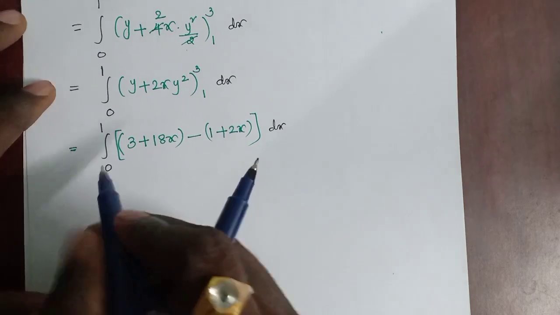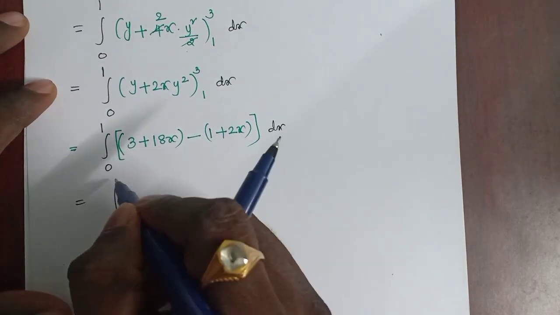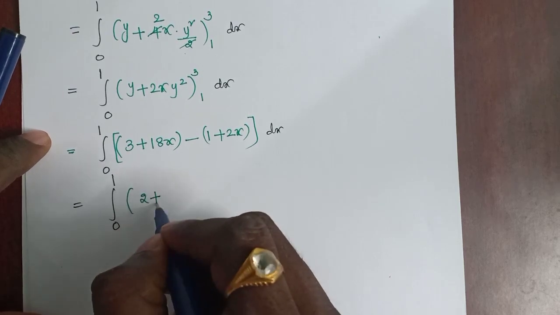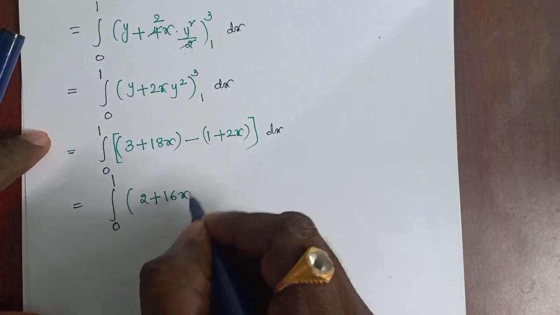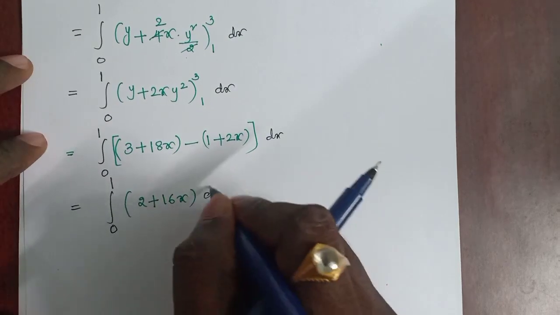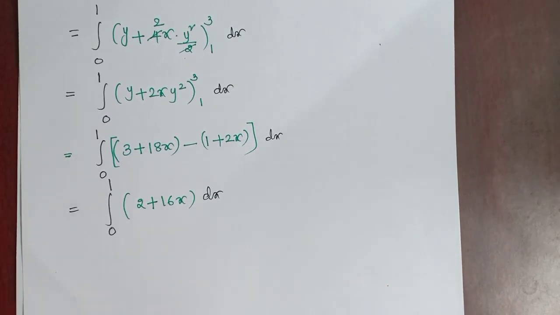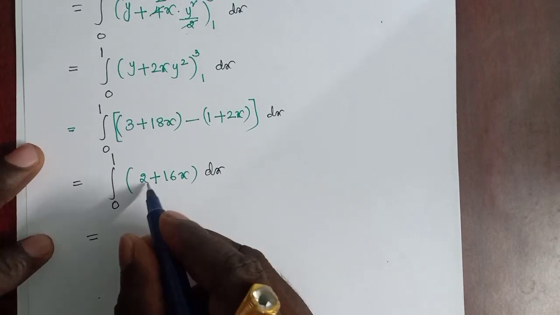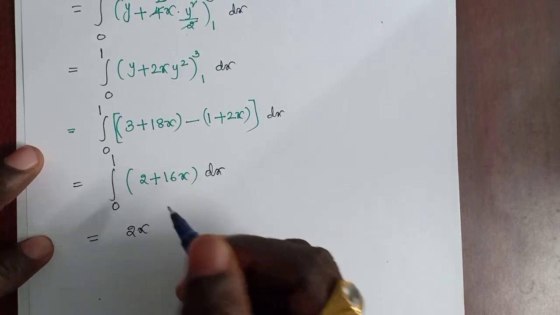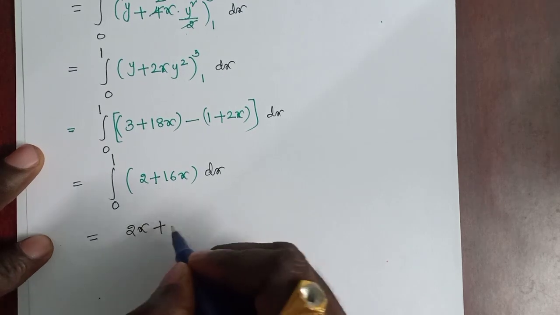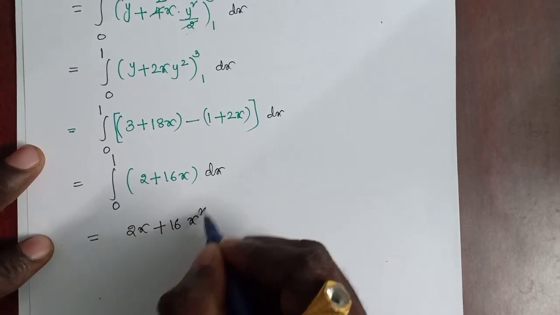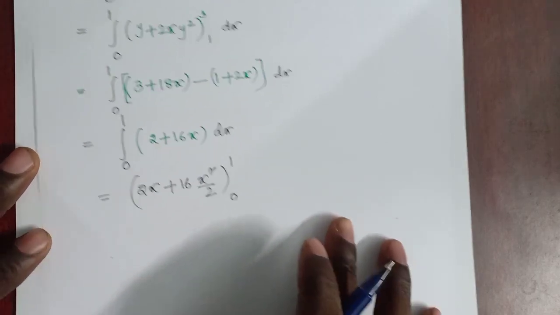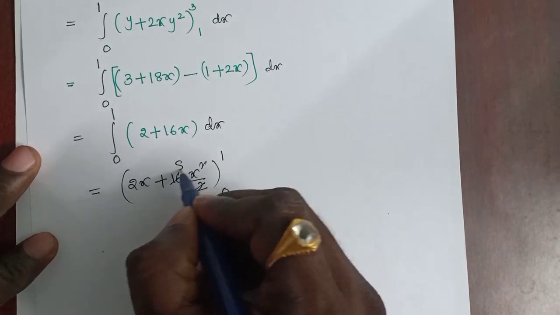Now see, integration of 0 to 1. Finally what we have is 2 plus 16x, dx. So now we need to integrate with respect to x. For 2 we have 2x, plus 16 into x square by 2, and the boundaries are 0 to 1. So the two 2s cancel, and 8.